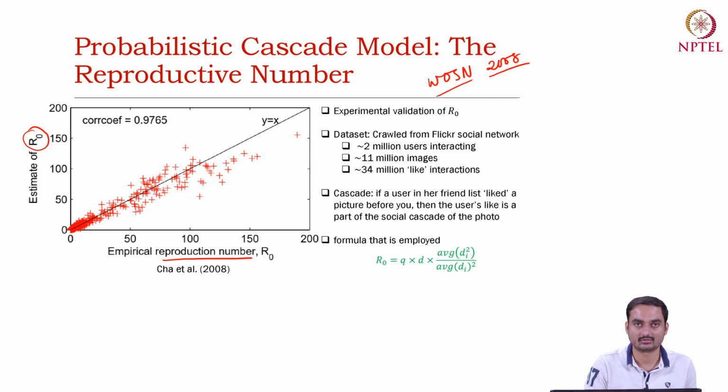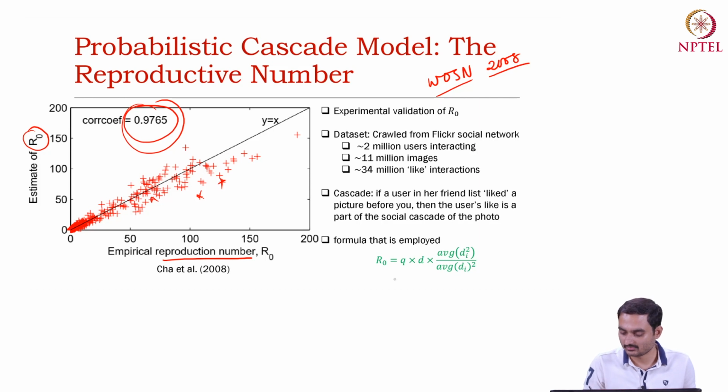And it turned out that the correlation is really quite high, 0.97, right. All these cross points are different data points, and you fit a line and you see that the correlation is quite high, 0.97.